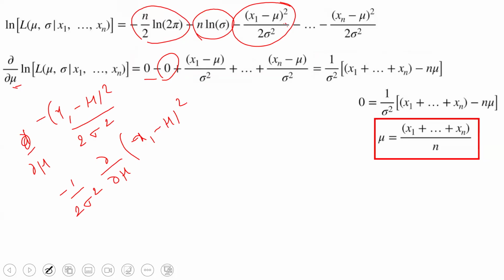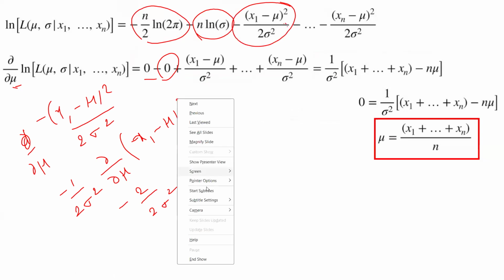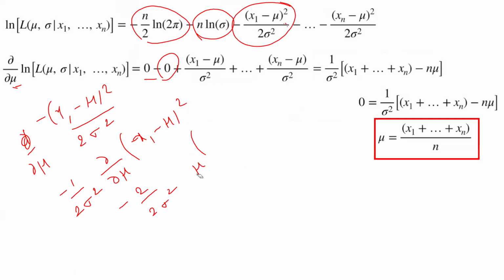Now I'll bring this 2 forward, minus 2 by 2 into sigma square. We are already taking the derivative with respect to mu, right? So what is coming up here?